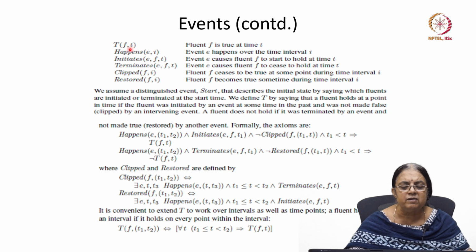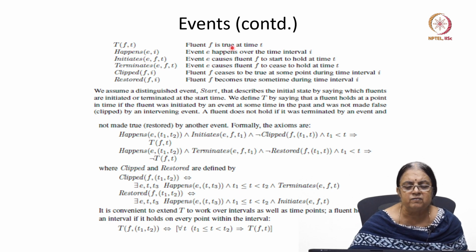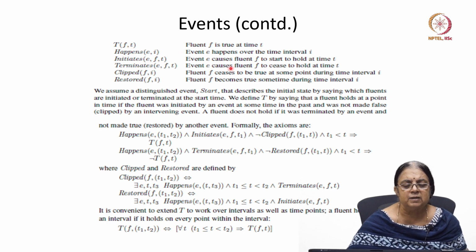T(F, t) means that fluent F is true at time t. Happens(E, I) means event E happened over the time interval I. Initiates(E, F, t) means event E causes fluent F to start at a particular time t.